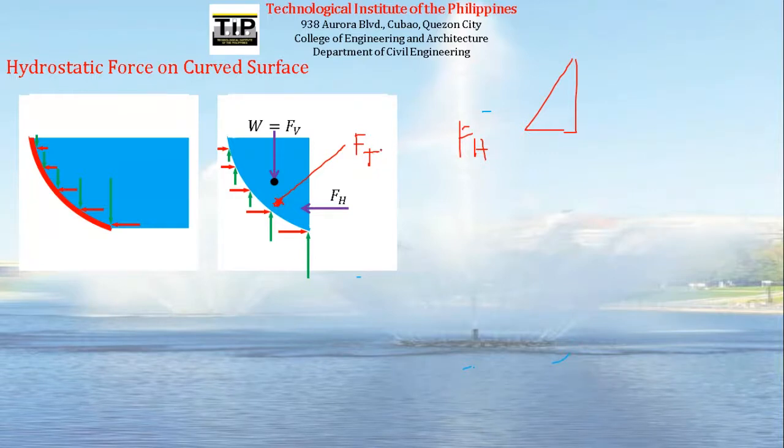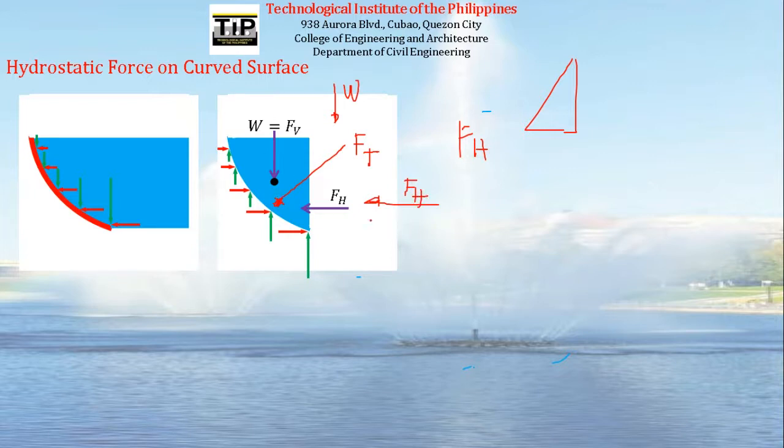F sub T is the total force exerted by the fluid to the curved surface. So it accounts for the summation of the weight, that is the force downwards, and the force in the horizontal.